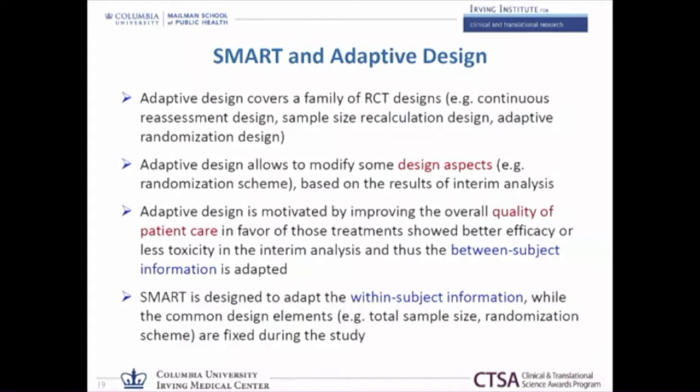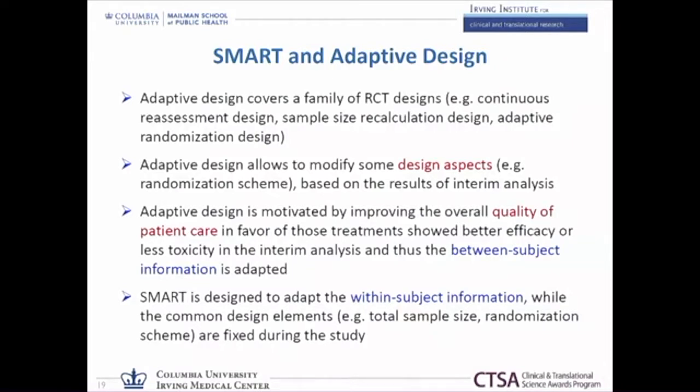All these designs have one common feature: they try to modify some of the design aspects, such as total sample size and randomization scheme, based on the result of interim analysis. The goal of these adaptive designs is to improve the overall quality of patient care in favor of those treatments that show better efficacy or less toxicity from the interim analysis.